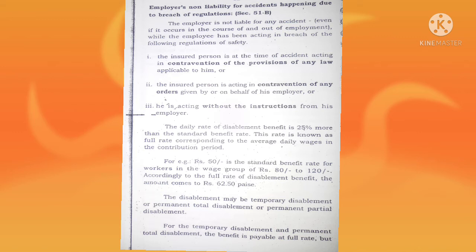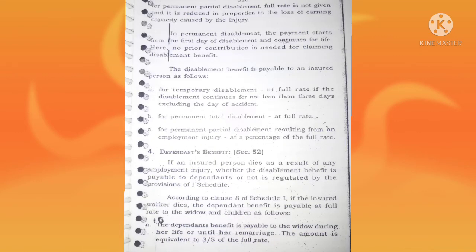The disablement may be temporary disablement, permanent total disablement, or permanent partial disablement. For temporary disablement and permanent total disablement, the benefit is payable at full rate, but for permanent partial disablement, full rate is not given and it is reduced in proportion to the loss of earning capacity caused by the injury.